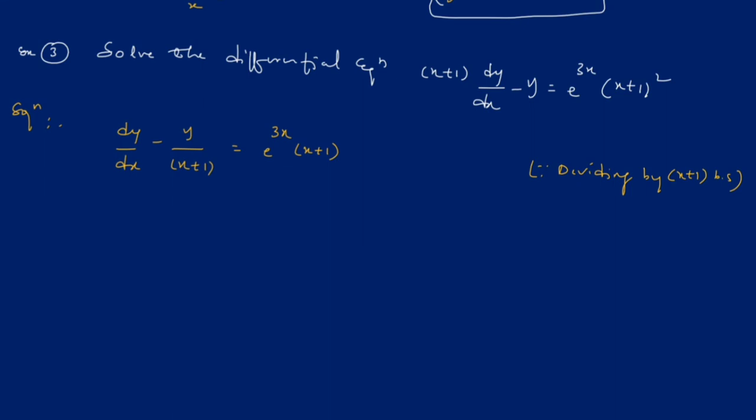In the first term x + 1 gets cancelled, the second is y upon x + 1, and in the third, x + 1 remains after cancelling. Now it is in the standard form.